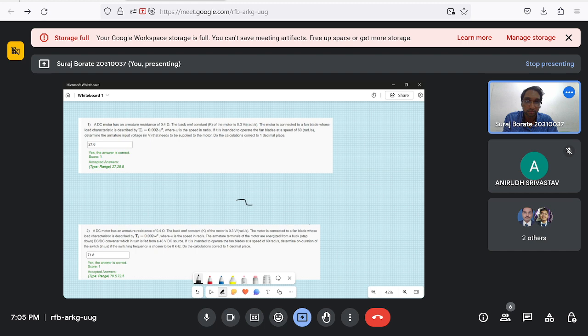The total duration is called T, and 1 by T is the switching frequency. We have been given the frequency, so we can find this time from the frequency by taking 1 by f, right? And once you get the time, what can you do with it?